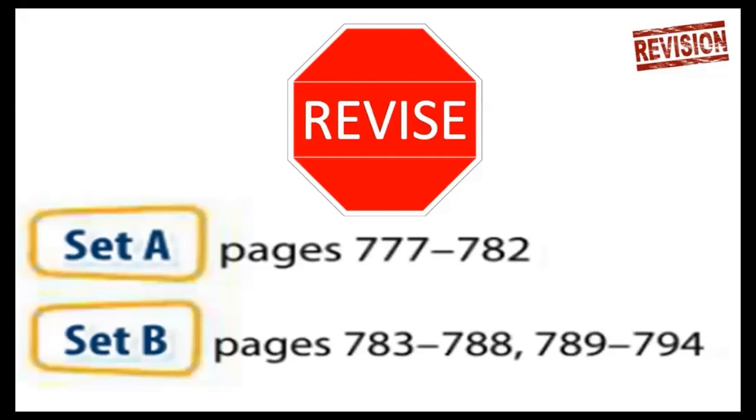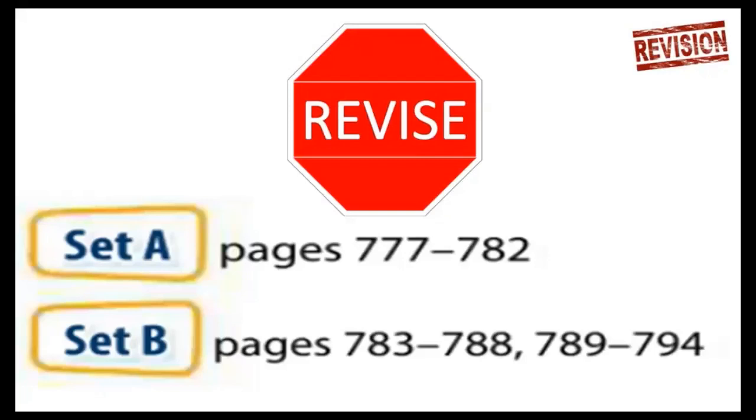Now, open your book. Topic 14, reteaching, page 803. We selected the two sections, set A and set B. In our lesson today, we revise set A from page 777 in your enVision math book to 782, and set B from 783 to 788 and 789 to 794.